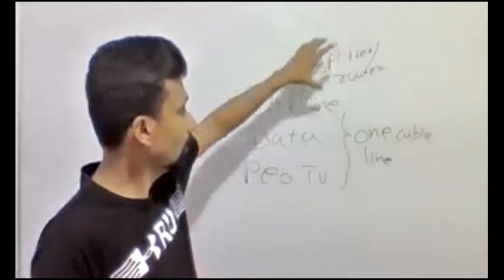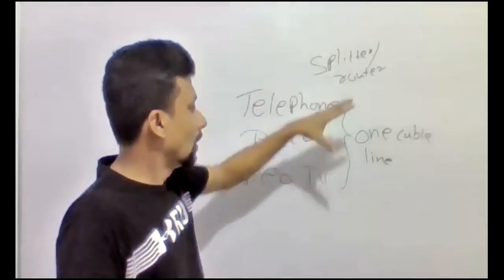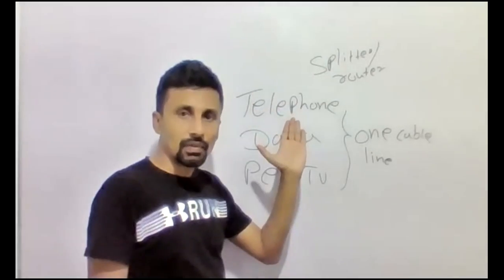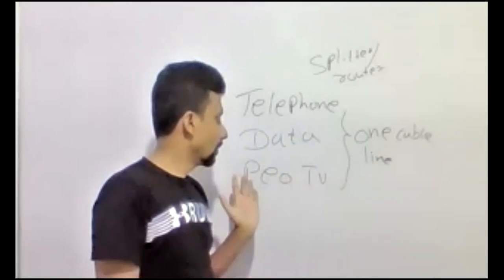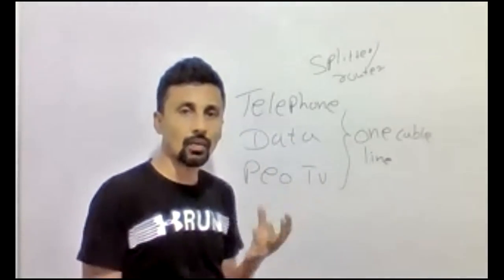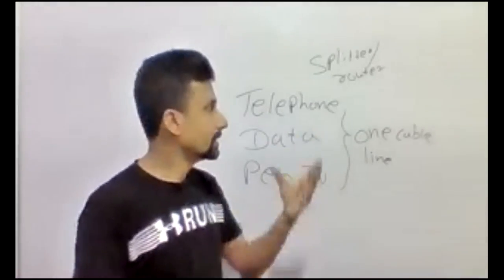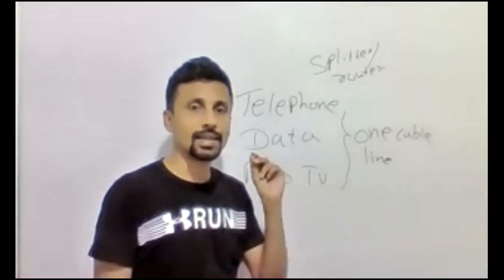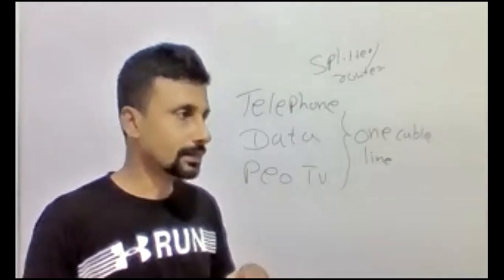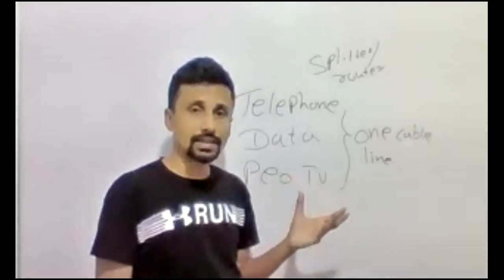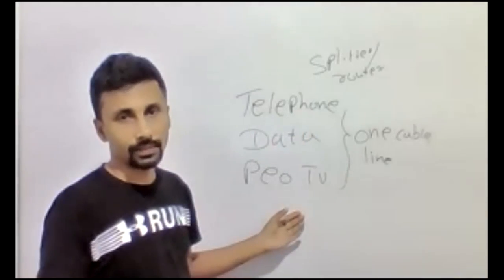In this splitter, it is identified whether the data is related to a telephone call, to the internet, or to the TV. So multiplexing means you are sending three different signals in the same cable. When it is multiplexing, there should be a mechanism to identify each signal separately.